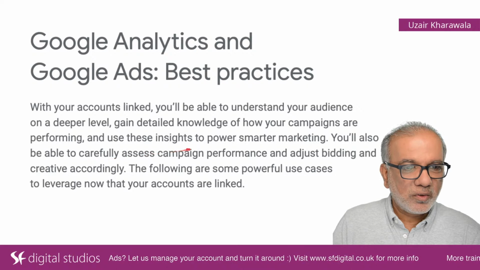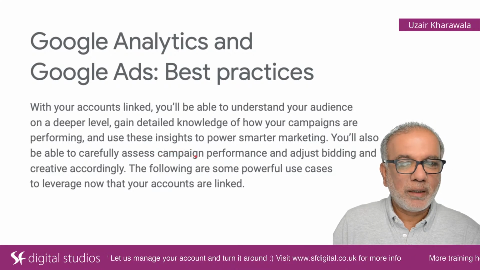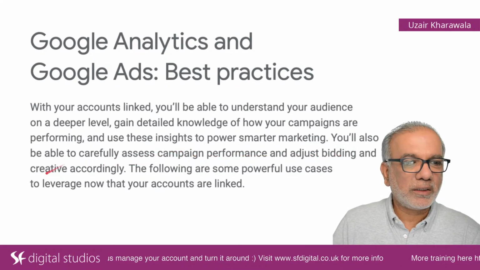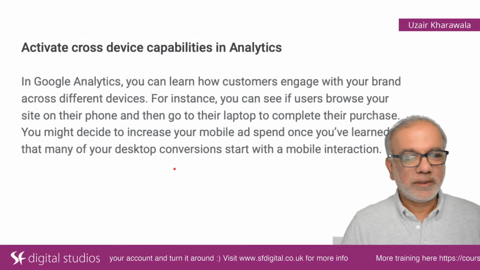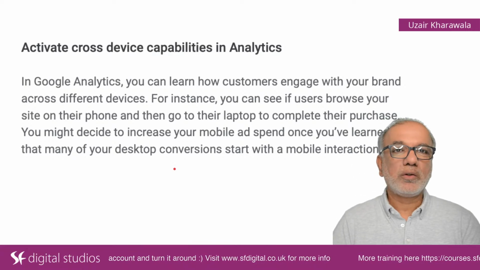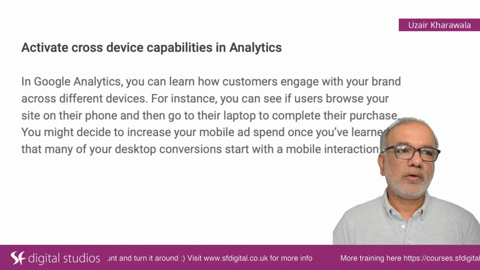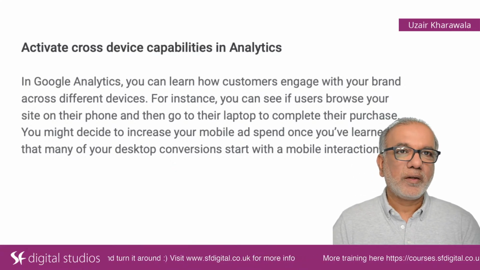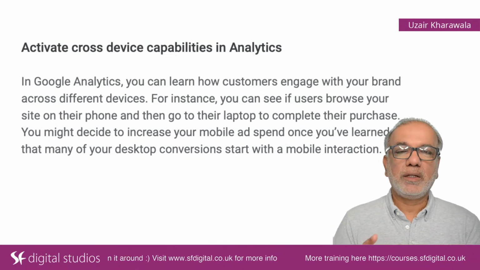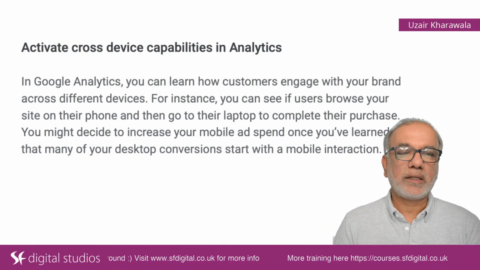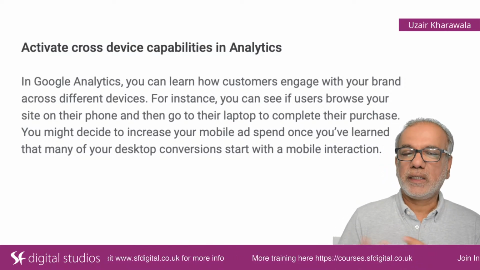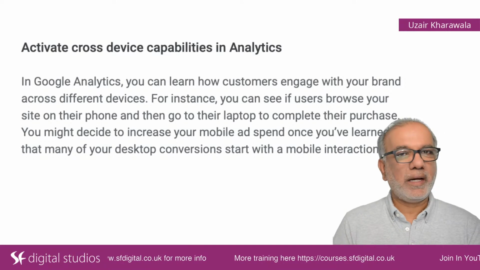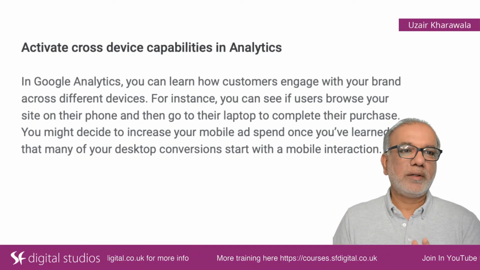So you'll be able to carefully assess campaign performance and adjust bidding and so on, which is the usual. But some of the things which we can also take advantage of or leverage is the cross-device capabilities in Analytics, which you can activate very easily. So you can see how customers engaged with your brand or your business across different devices.